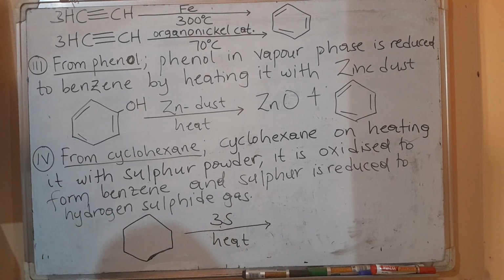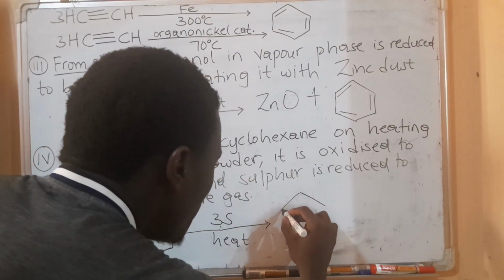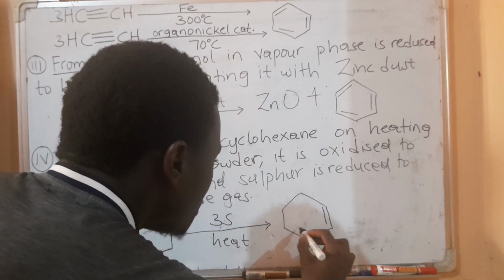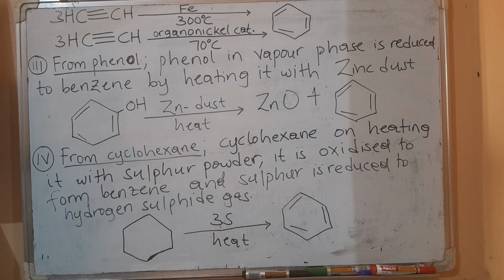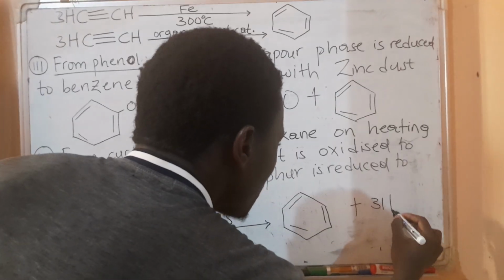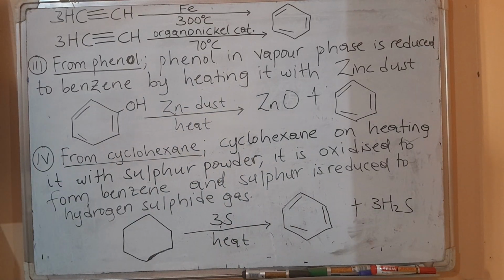So we remove hydrogen from cyclohexane to obtain benzene. Then the hydrogen that has been removed with sulfur obtains hydrogen sulfide gas. So that is the fourth preparative technique.